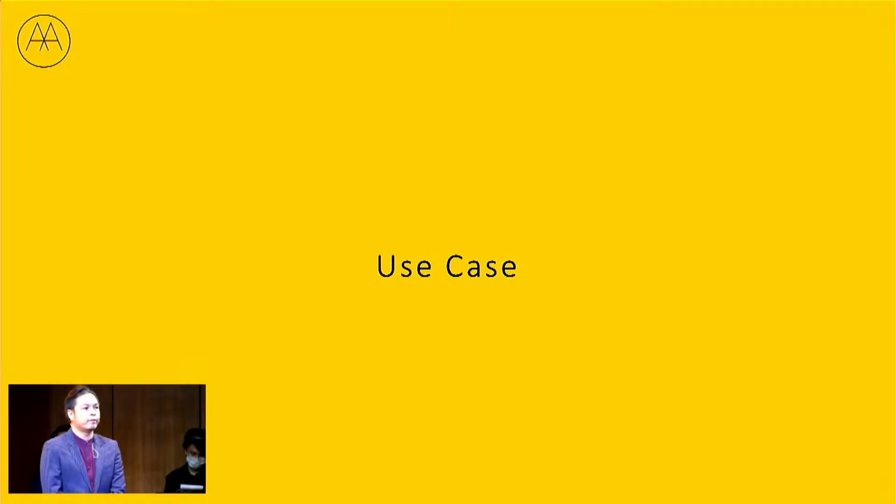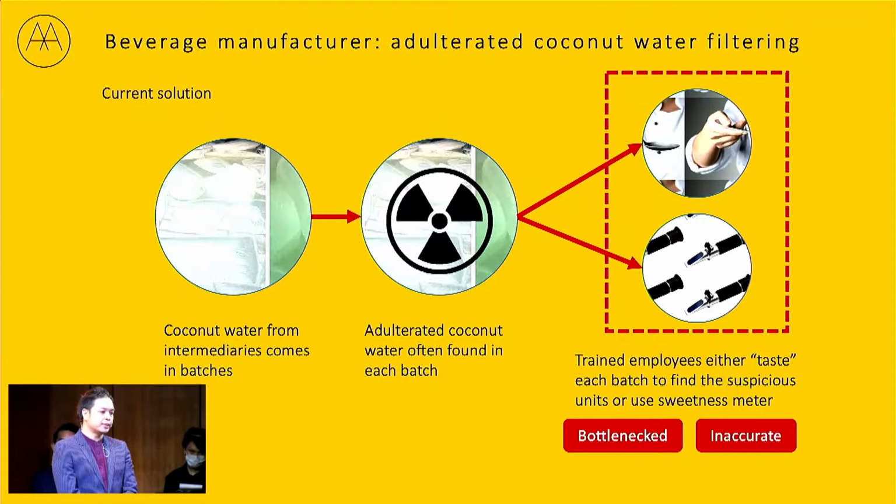We have a use case we are working on that I will show you. We have the use case of a beverage manufacturer. The current problem is that they have adulterated water, coconut water inside their raw materials, and they respond to this problem by creating a special team to do human testing and brief refractometer testing, which is a sweetness meter testing, and it's still not distinguished enough between adulterated one and purified one, and that causes bottleneck in production line and also the risk of contamination inside the production line.